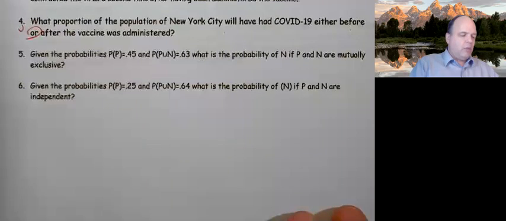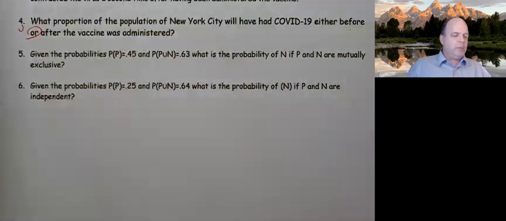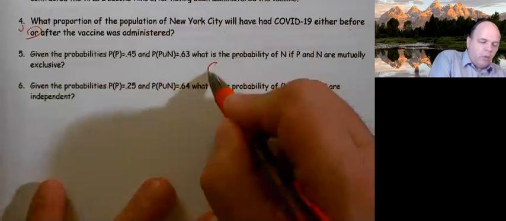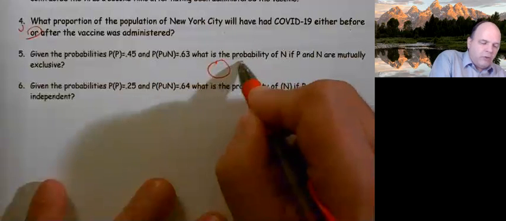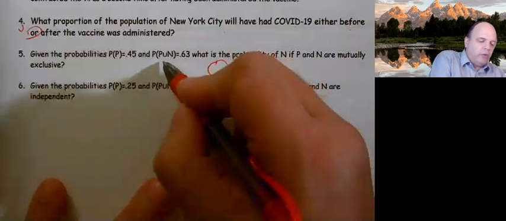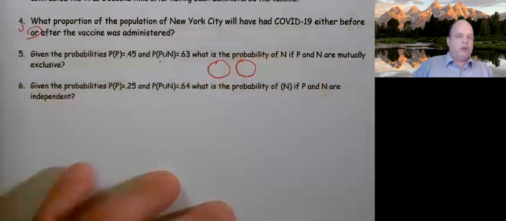So, number 5. Given the probabilities, P equals 0.45 and the probability of P union N equals 0.63, what is the probability of N if P and N are mutually exclusive? As soon as I say mutually exclusive, I know that there's no overlap. And as soon as I see this, I think general addition rule.